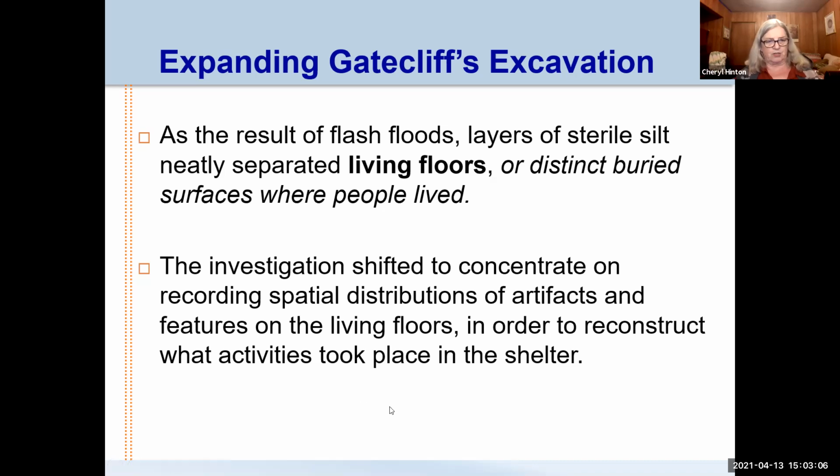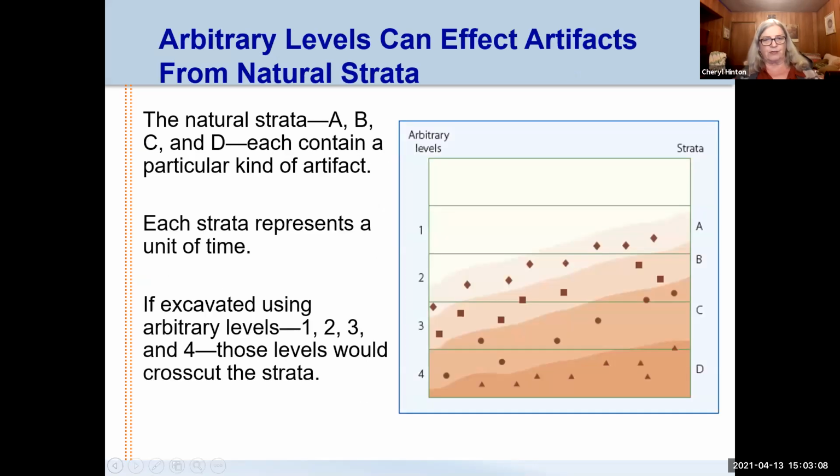Oops, I changed the slide. That didn't help. You can see what's going to happen. We're okay in the first level, in level A, but then we get to level B and we've got 3 different strata, which probably are 3 different periods of time.